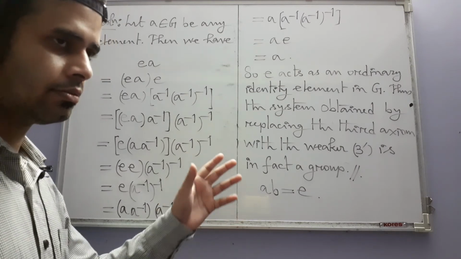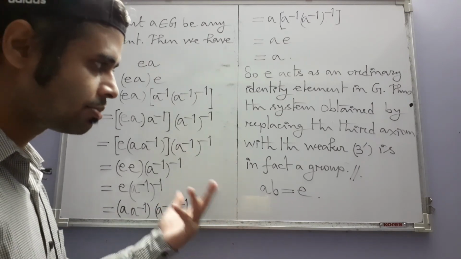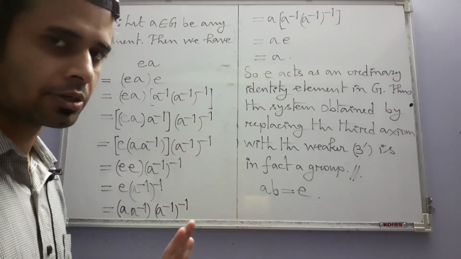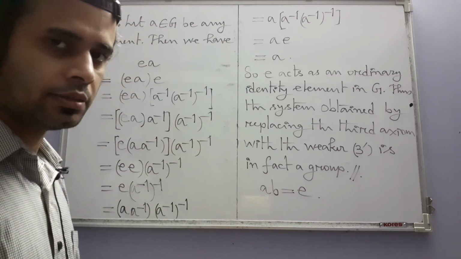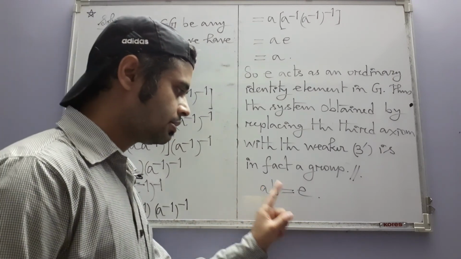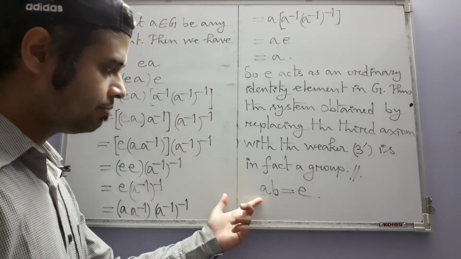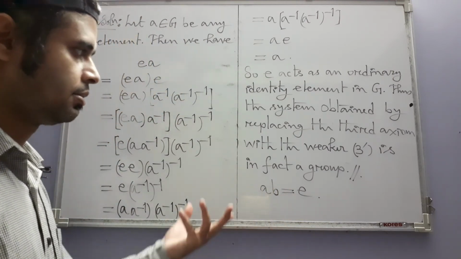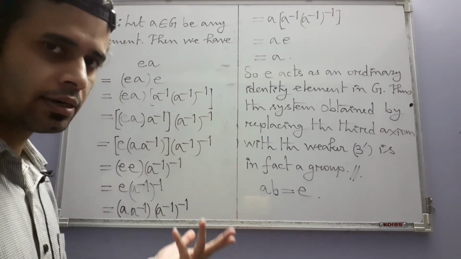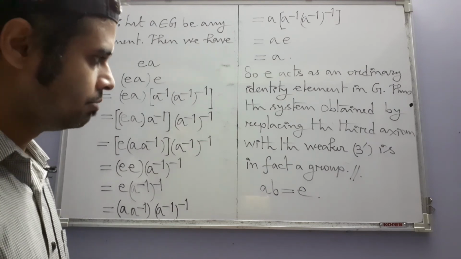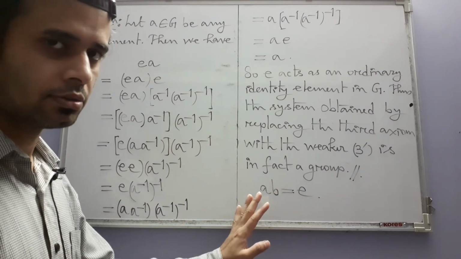Saying that there is a binary operation on G automatically means that G is closed with respect to that binary operation, and that operation is associative, and there is a right identity element, and every element has a right inverse. If this is your new definition of a system, that can also be shown to be a group, which however we are not doing here.